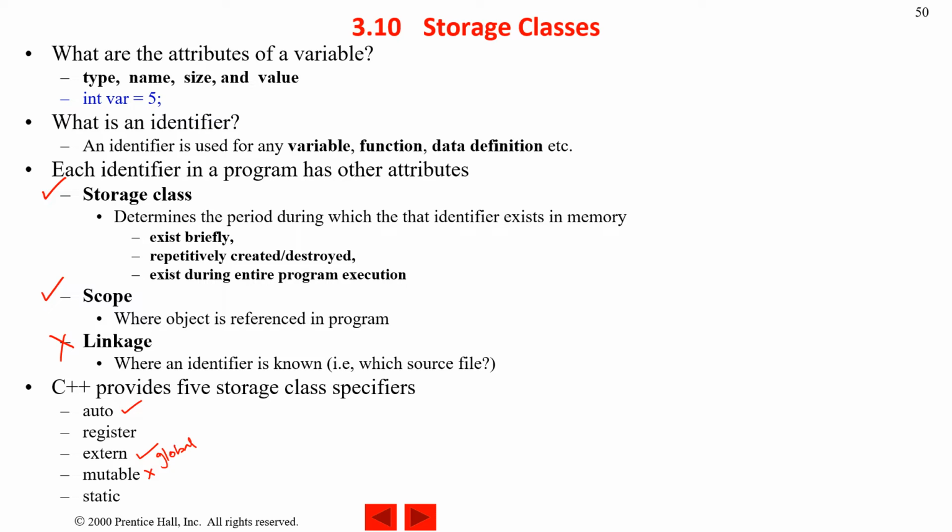Now this is the normal variable that you are used to, the auto variable. The extern is a global variable. Mutable we are not going to look at. Register is basically telling you where the variable is going to be stored, either in the RAM or the register.